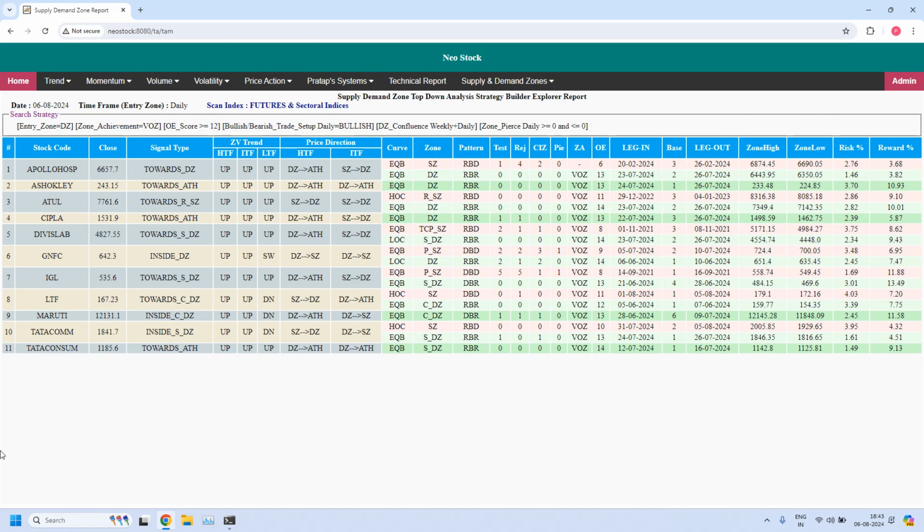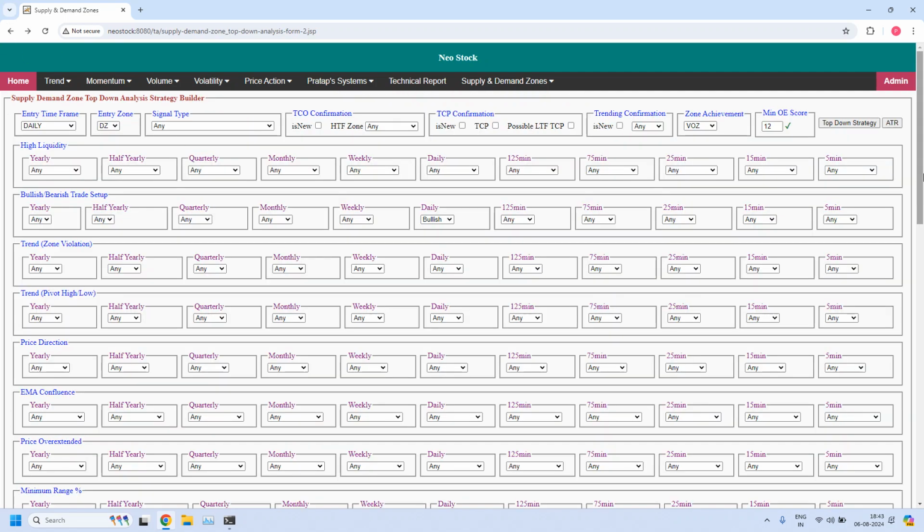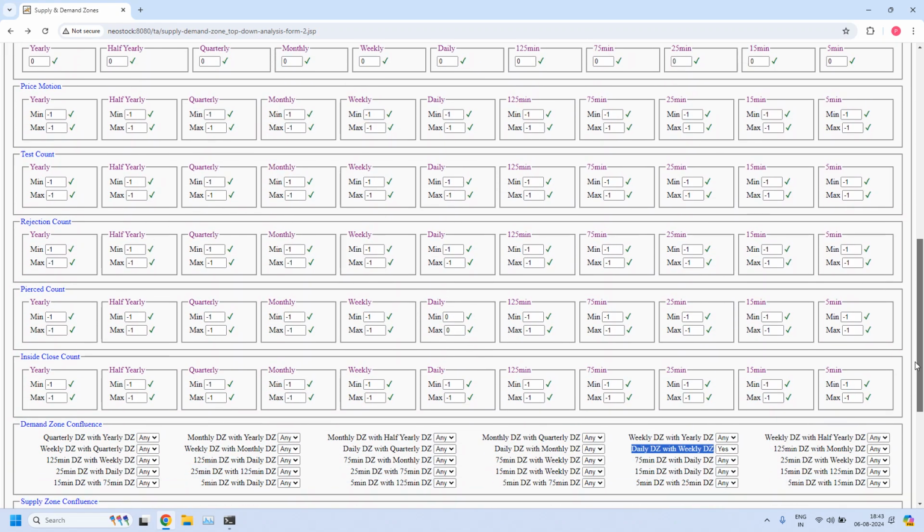Now let me check how many of these zones again have confluence with monthly time frame, that is HTF. So let us add two more additional filters. Daily demand zone with weekly. Next filter, daily demand zone with monthly.